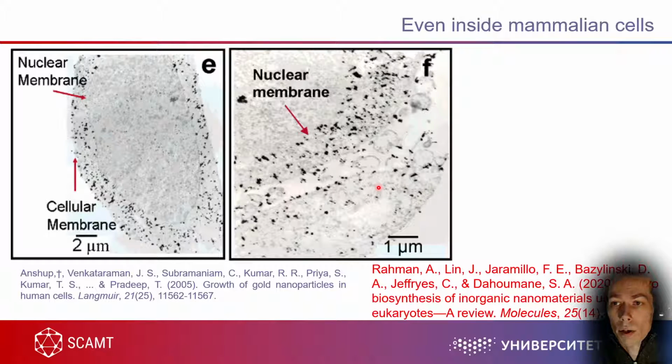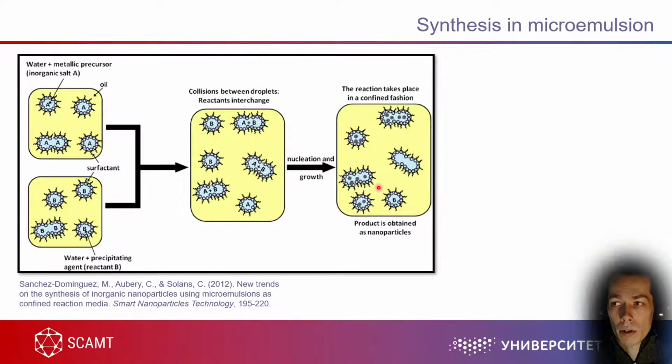Well, so we need to move further to the next type of synthesis, and this type of synthesis is called microemulsion synthesis. If you look at microemulsions, there are a lot of different subtypes of synthesis, but basically the scheme is something like this one. You have some oil and some surfactants, and you have some reagent A in this emulsion.